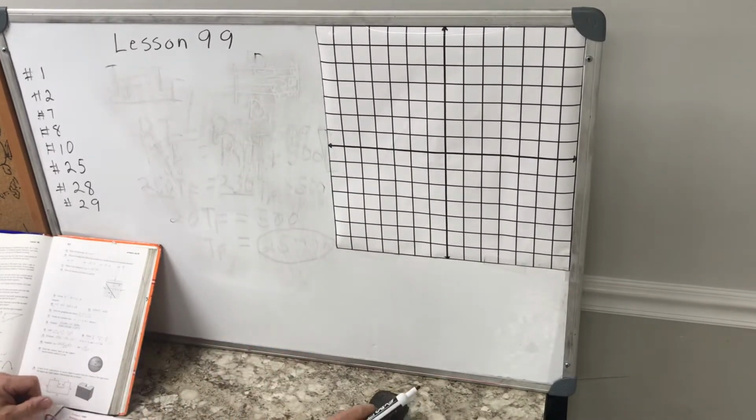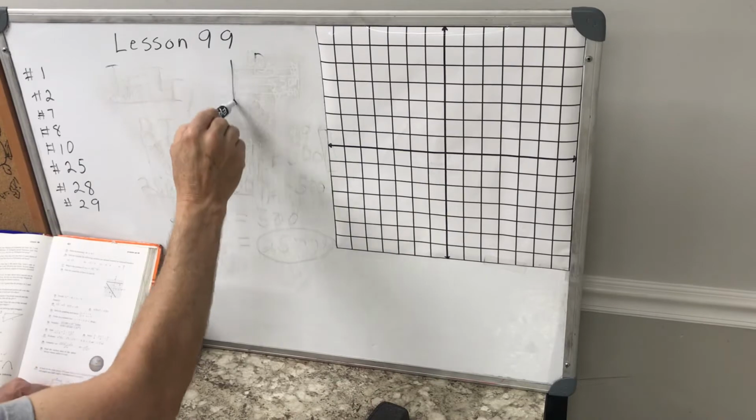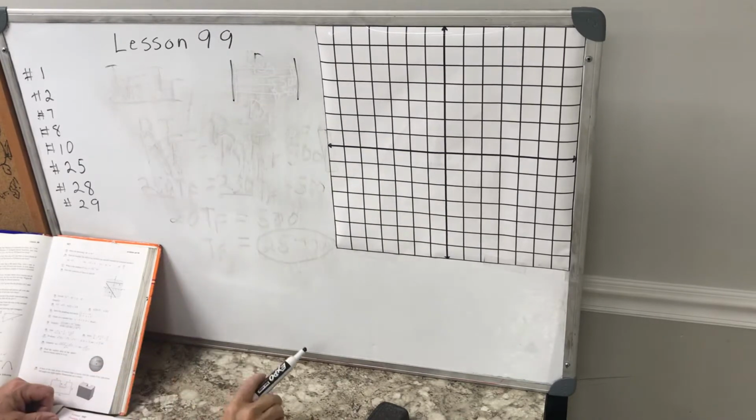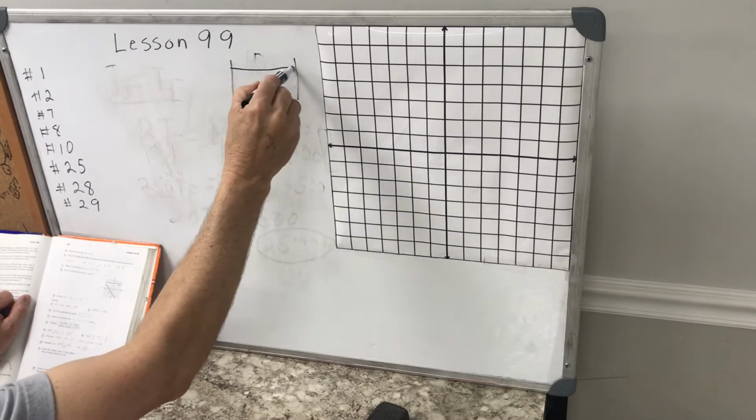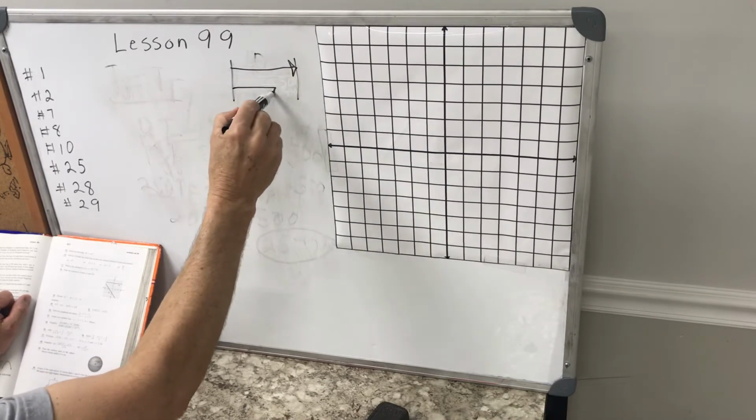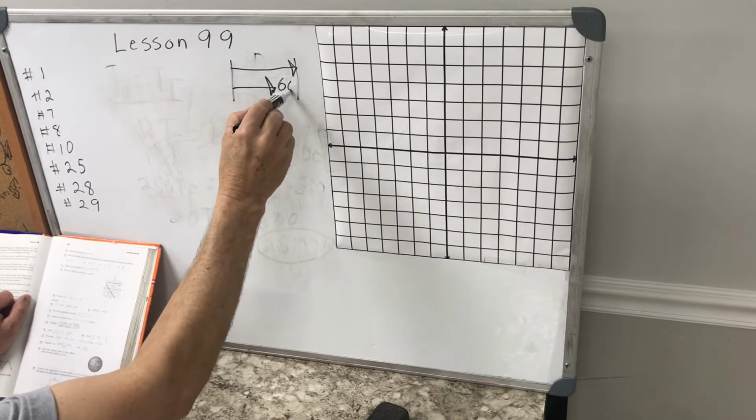Problem number 2 again is from lesson 99, and you watch, they're going to be very similar. We've got distance. Eleanor started out, and Alexi started out after her. And one of them was 60 miles ahead. Do you see that? So we have distance of one and distance of the other was 60 miles ahead of the other one.